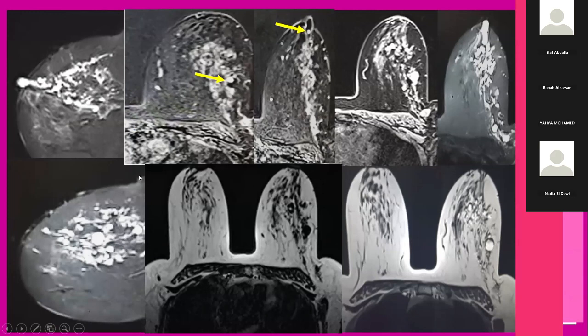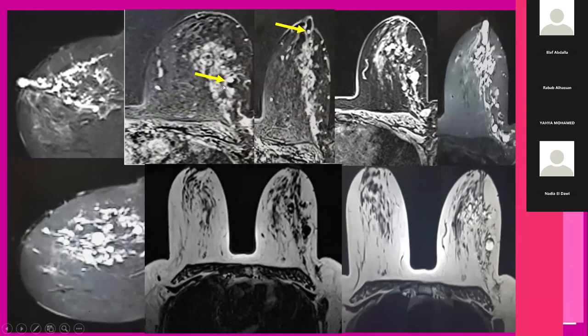But on the post-contrast image, this is T2, multiple cysts. We can see multiple cysts within this ductectasia. But the post-contrast image demonstrates clumped ductal enhancement even within that cyst.